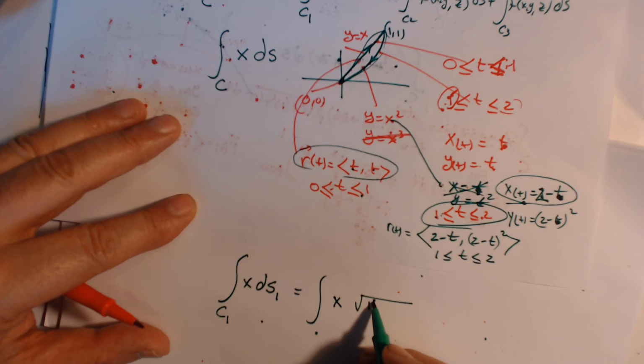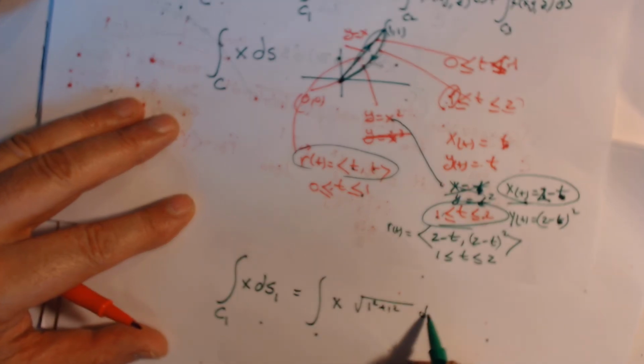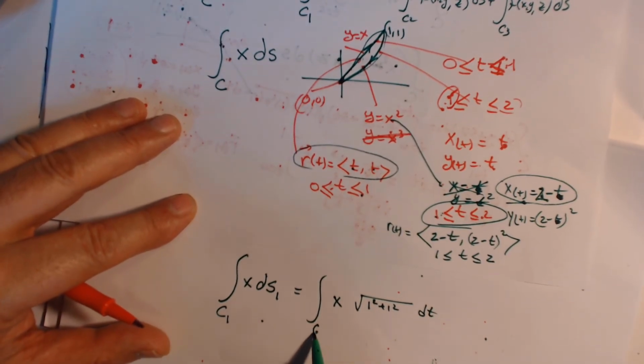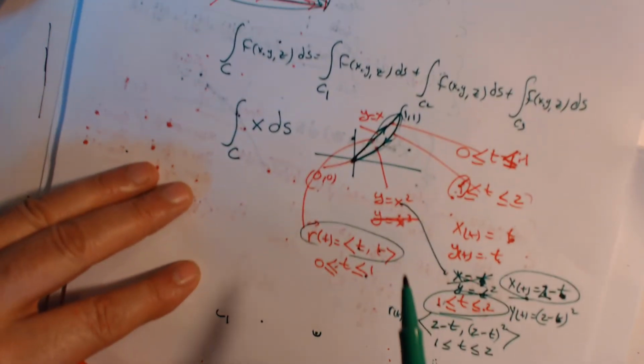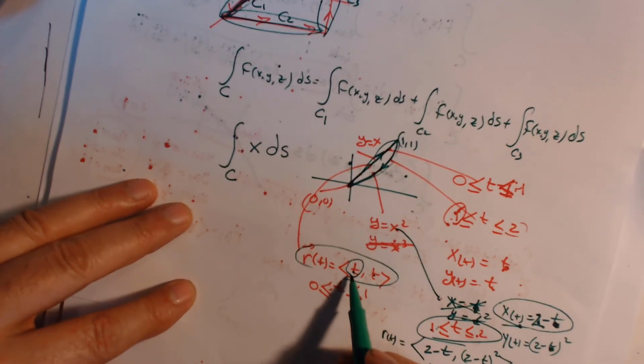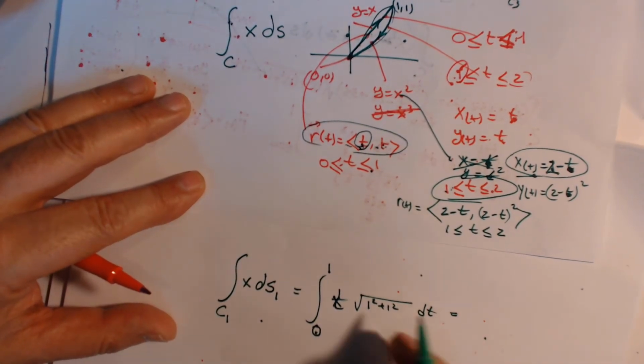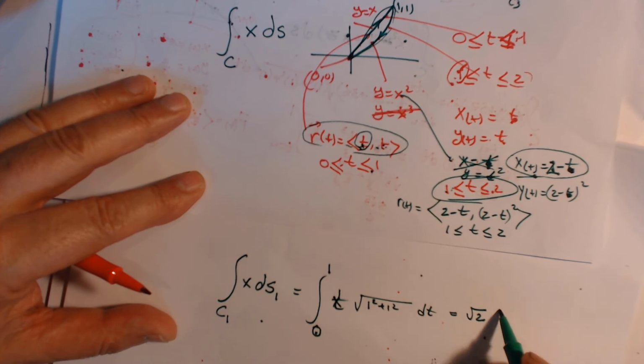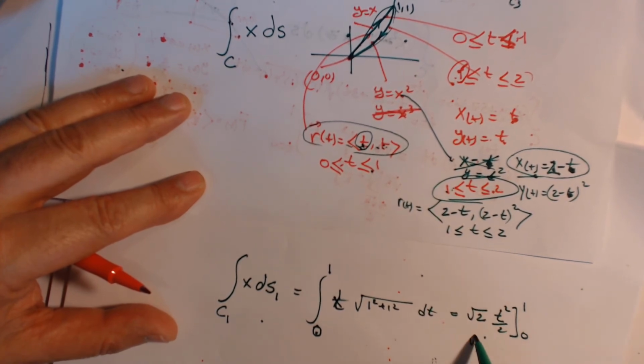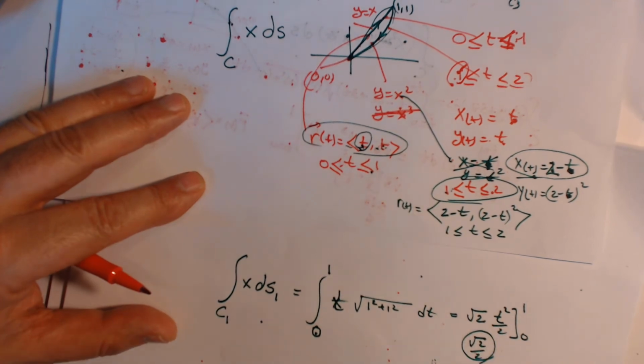And that's the square root of 1 squared plus 1 squared dt. But the t goes from 0 to 1. But what is my x in here? You have to do it according to the path. I don't have any y, but my x is t. And this is nothing except the square root of 2, t squared over 2 from 0 to 1, and that becomes square root of 2 over 2.